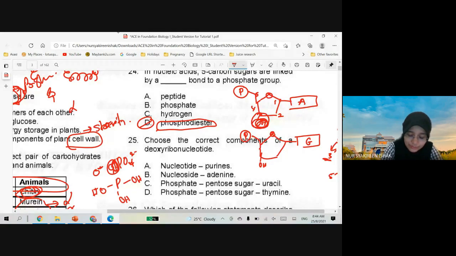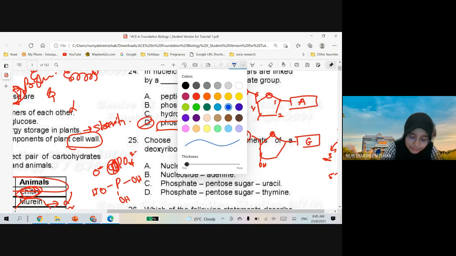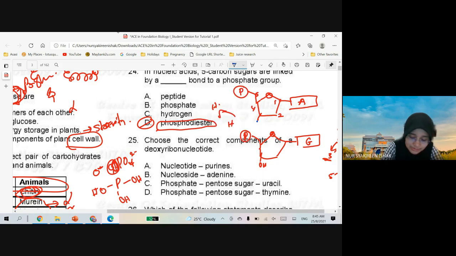So in the reaction of attaching the phosphate to the previous nucleotide in the strand, dia akan menyebabkan OH removed with the hydrogen ion, so to form water. So now OH is removed, so the phosphate is now linked. Saya buat dengan warna biru lah. It's now linked together. So this is carbon number 5.